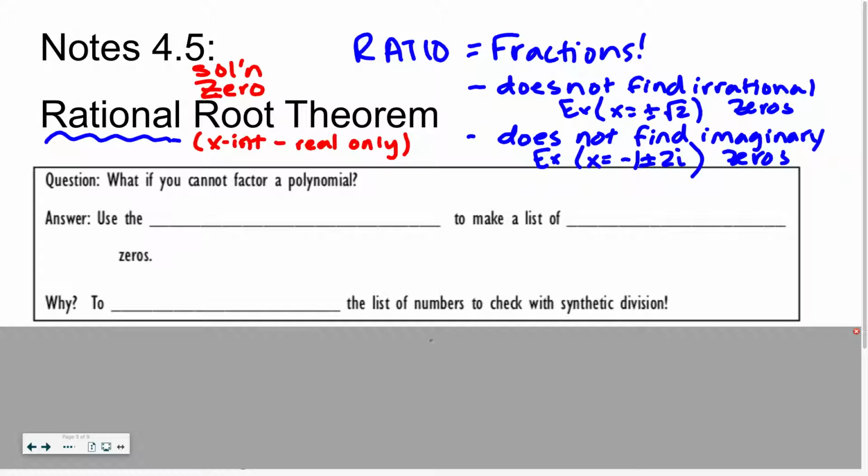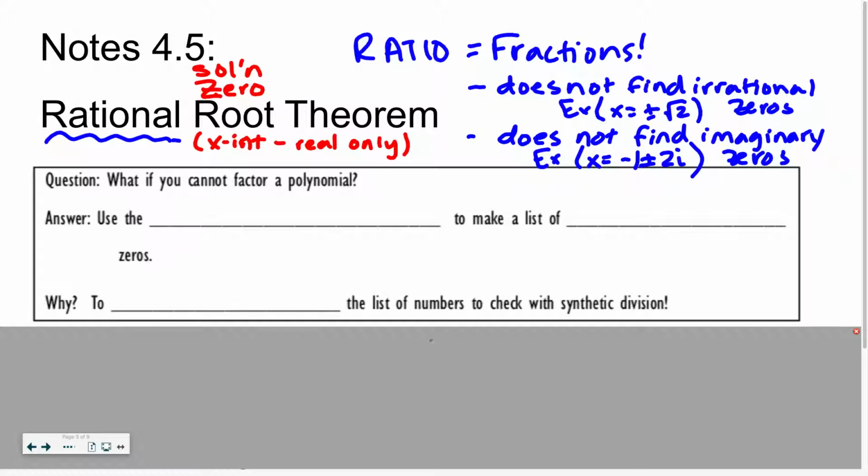Well, what if it has 5 terms? Could you factor it? Not anything Miss Cronky taught you. What if it was 3 terms, not quadratic, and couldn't be factored? Quadratic formula won't work if it's cubic. Okay. So why do we even talk about something called the rational root theorem?